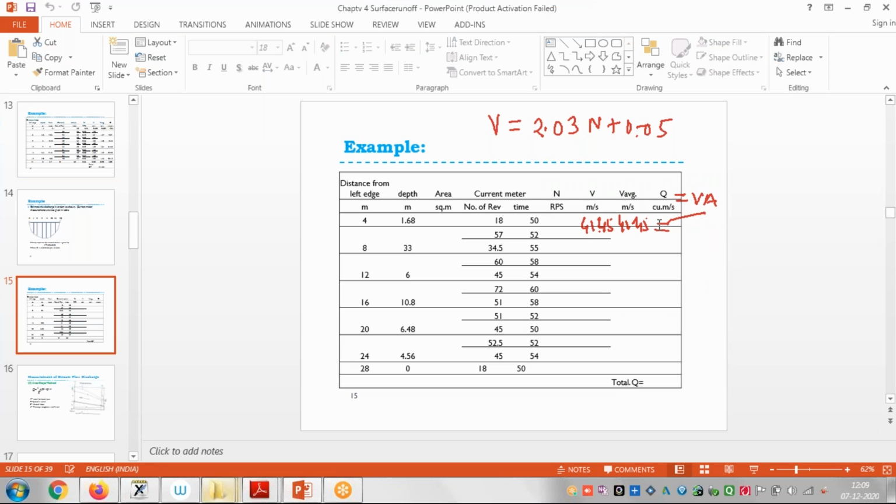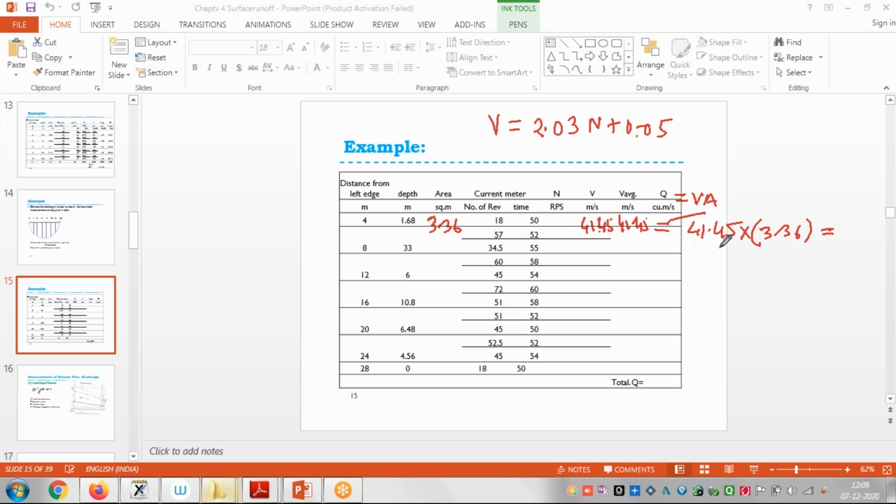So average velocity is how much? First is 41.45. So here we will take the average velocity for calculating the discharge. So 41.45 multiplied by area. What was the area? 0.84 multiplied by 4, 3.36. So here we will take 3.36. Then we will get the discharge.